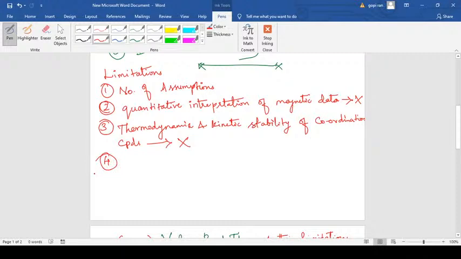And the fourth one is, if the coordination number is 4, we know very well that 4 ligands can attach. So the geometry can be tetrahedral or square planar. Why it is tetrahedral or square planar, this is not differentiated.